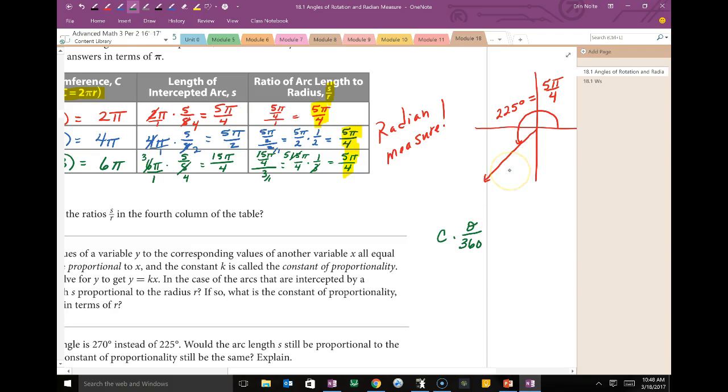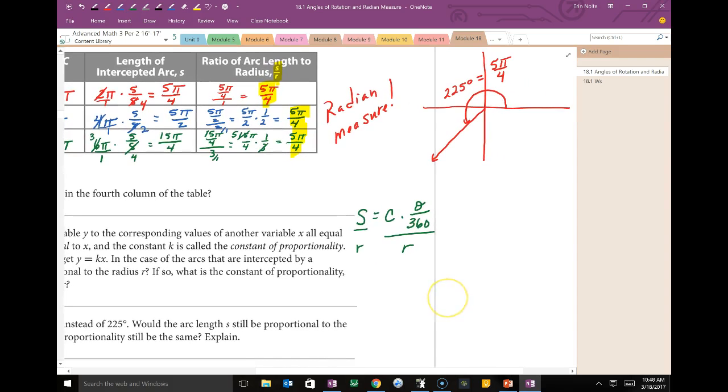And then we took that, this is your S, and then we divided by the R. S over R. So the radian measure, let's do radian.